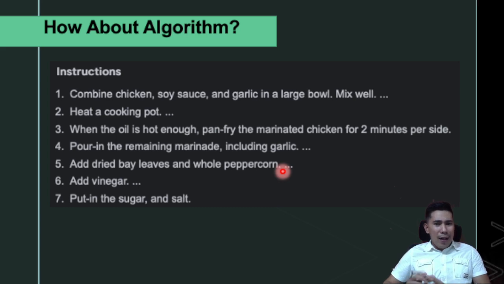Note that a problem can have many algorithms. So the procedure in cooking chicken adobo can also have different algorithms, steps, or procedures. It varies depending on the person or culture, especially here in our country. There are various ways of preparing such delicious food to serve on our table.